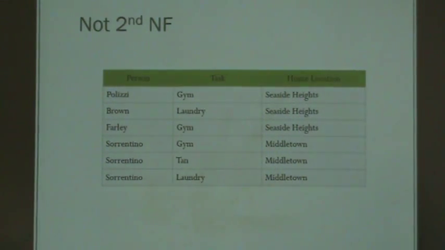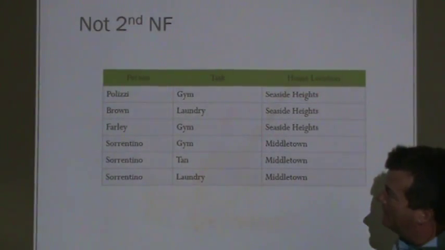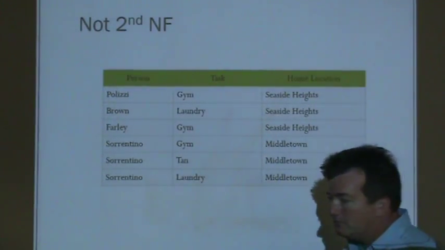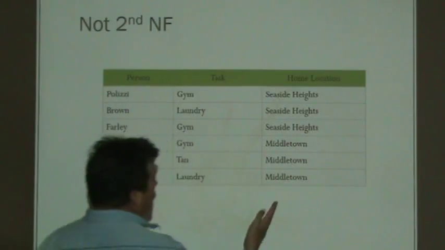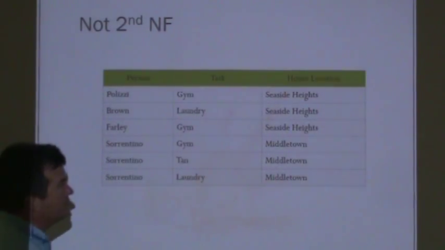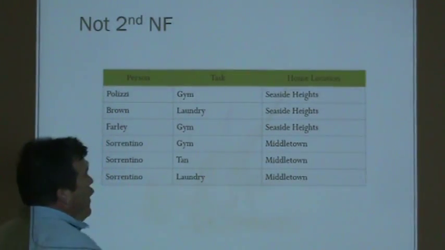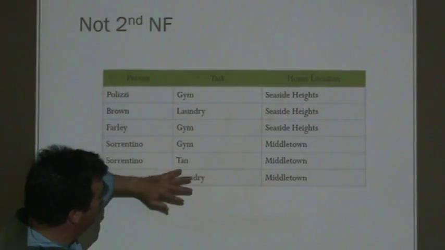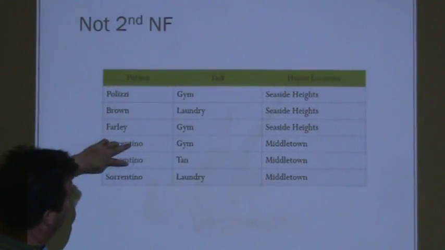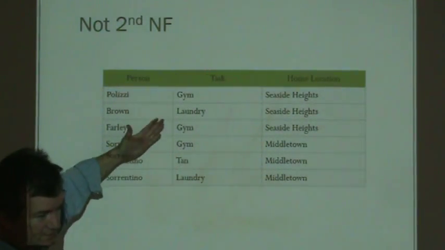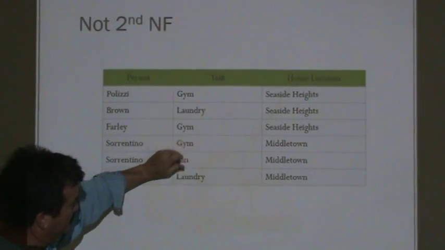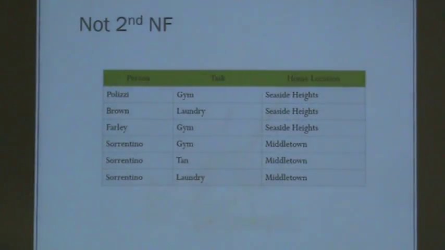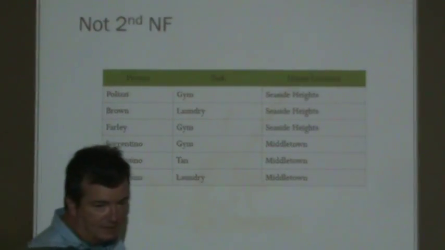So that makes this in violation of second normal form. It's in first normal form because a person can't live in multiple towns. Tasks are broken out separately, so the same person can do 3 separate tasks. That's allowed. So we're not going to put multiple tasks into one box. So it's in first normal form, but it's not in second normal form.